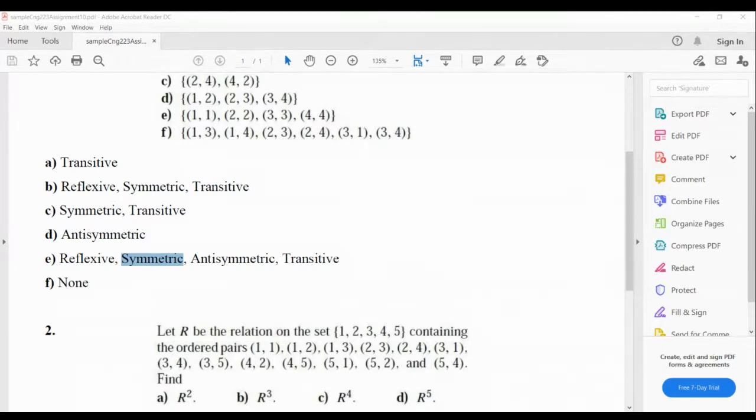But anyway, the previous date that we announced is no longer valid. In CET, they called it midterm number 2, so it's no longer valid. Based on the suggestion of the department, we had to do it inside that period, and I also announced it in the announcement, so please check it out.